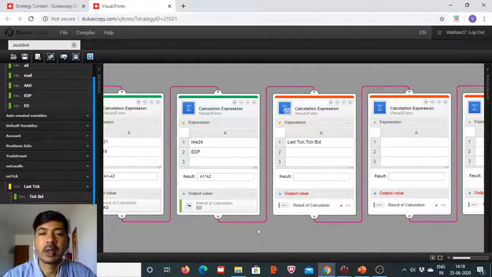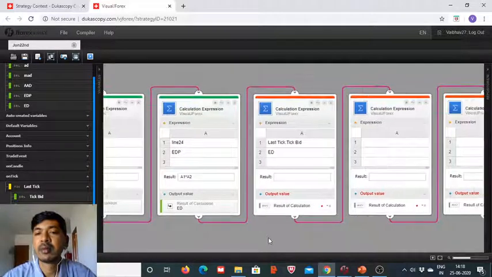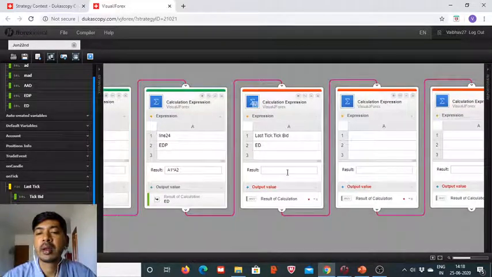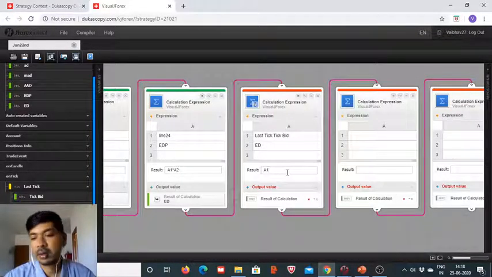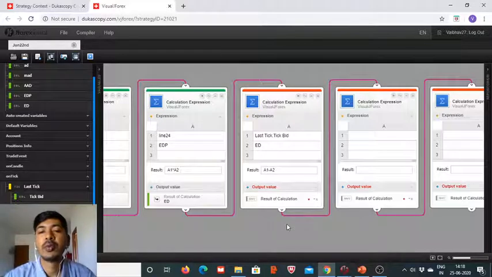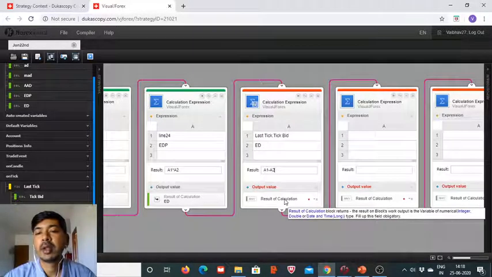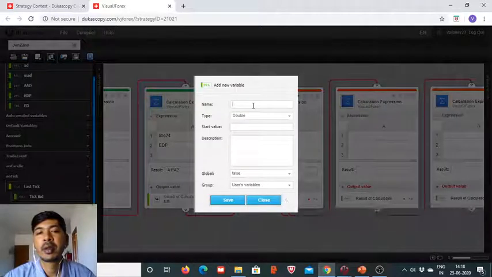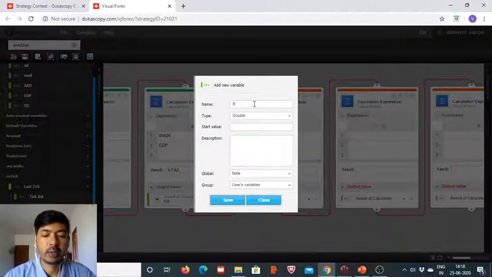So we take last tick bid, and then we take this difference, and here we have to do the subtraction, a1 minus a2, and this will be our buy entry point, BEP.